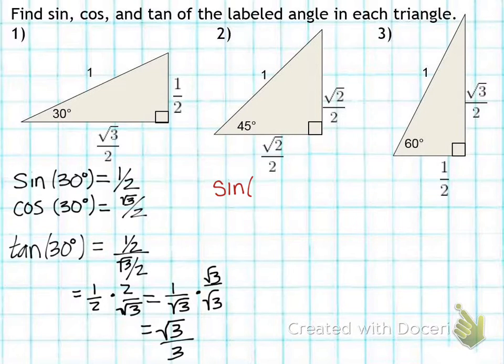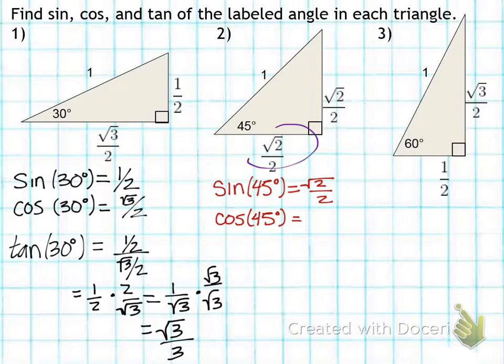Okay, moving on to 45 degrees. Sine is opposite over hypotenuse, so root 2 over 2 over 1 here, which is just square root of 2 over 2. Same thing with cosine.